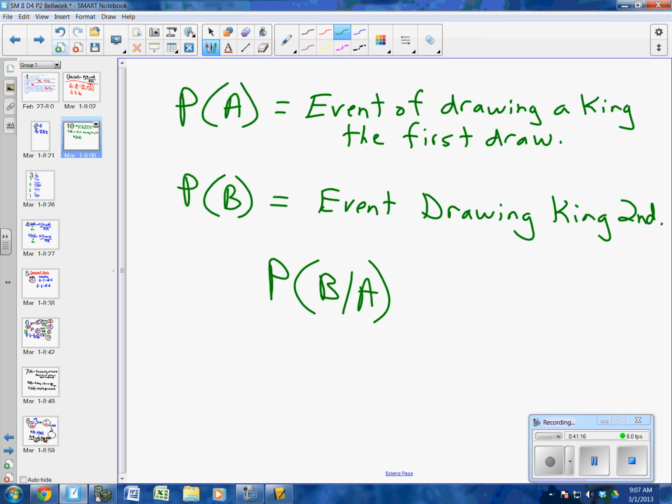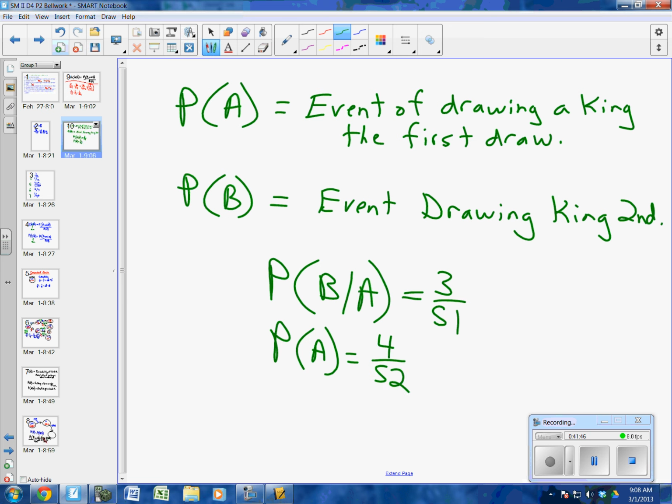So really, the probability of B given A is the 3 over 51, right? And the probability of A, what's the probability of A again? 4 out of 52, right?